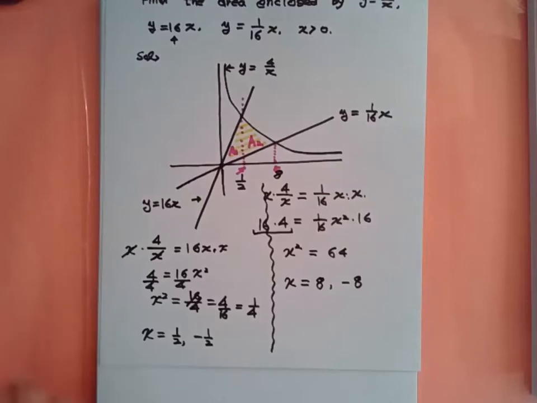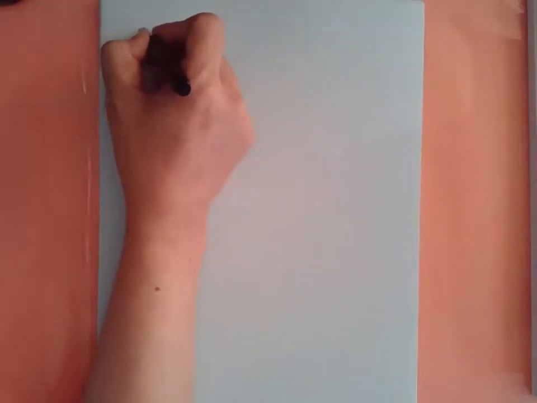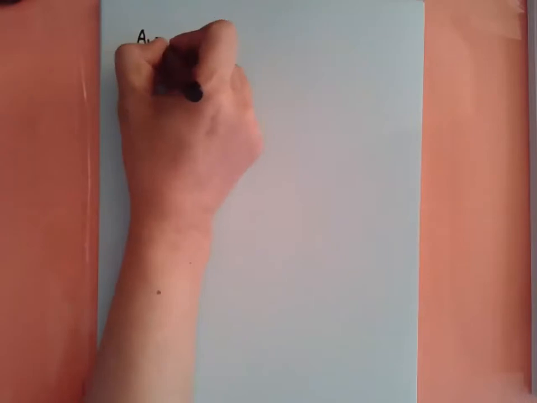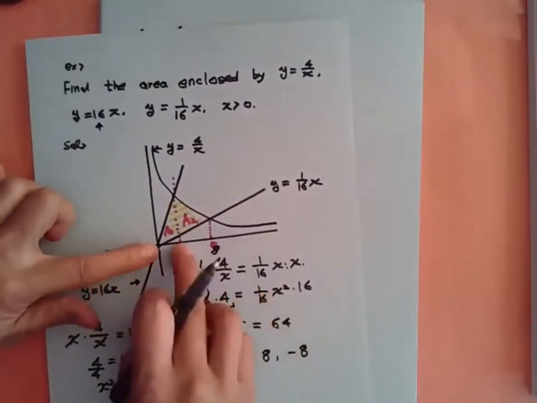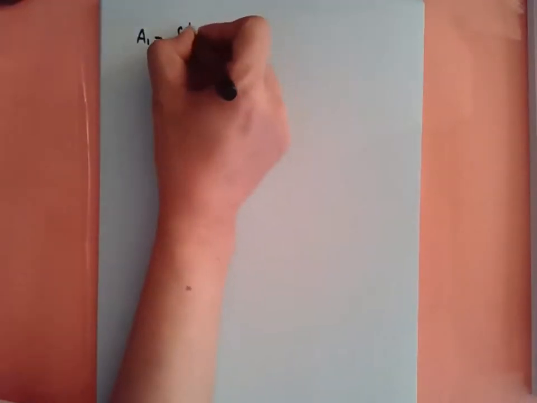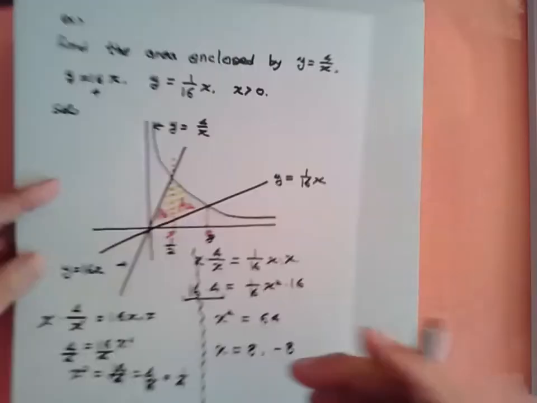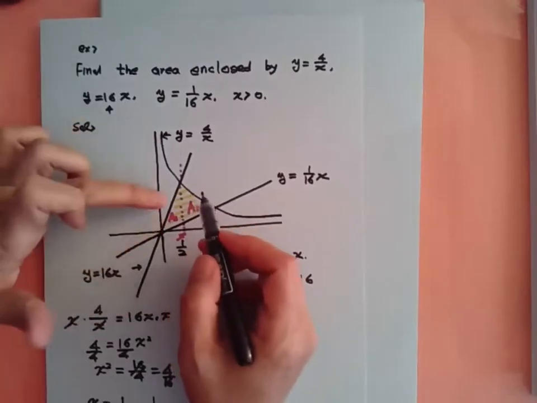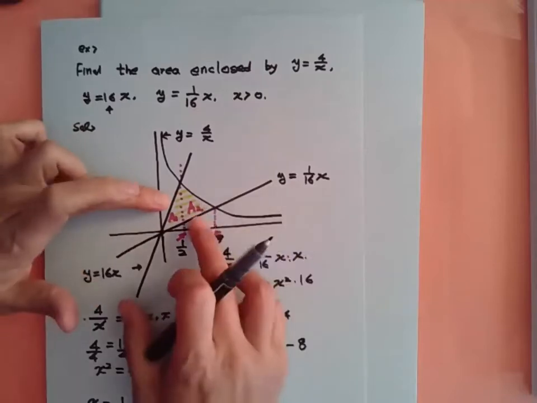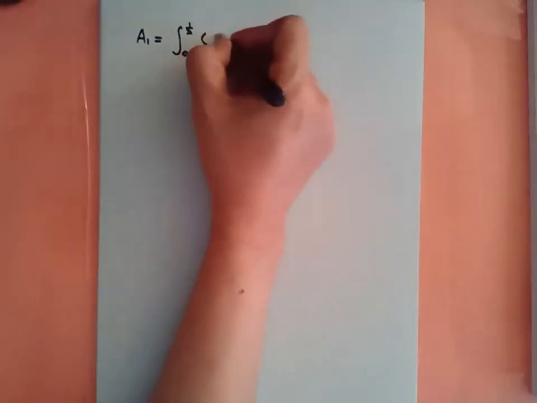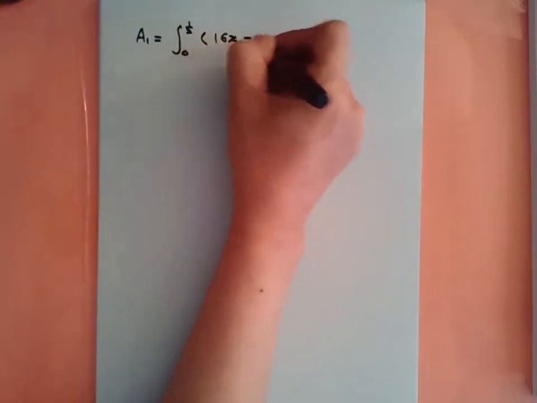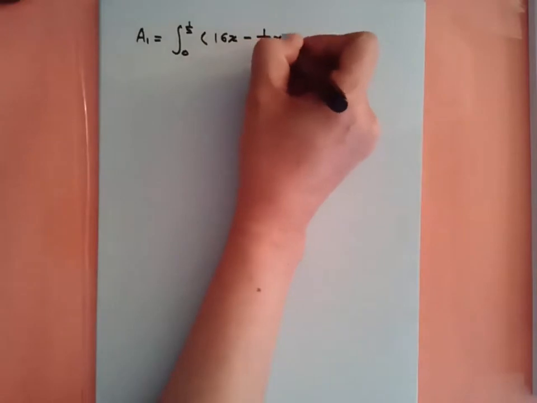Now we want to calculate the area A1. A1 starts from 0 and goes up to 1 over 2. In that region, this straight line is larger than this straight line. Its slope is larger. So 16x minus 1 over 16x dx.